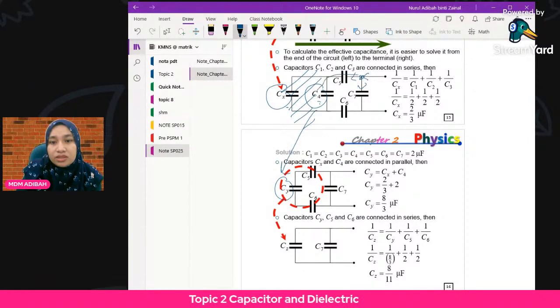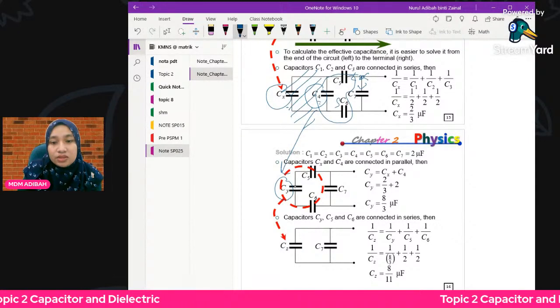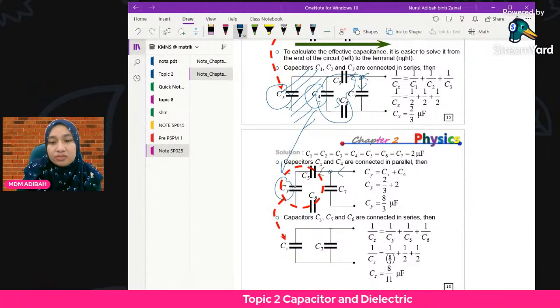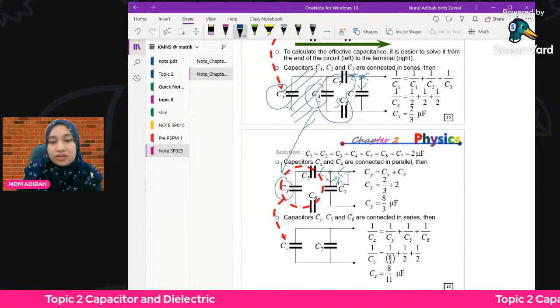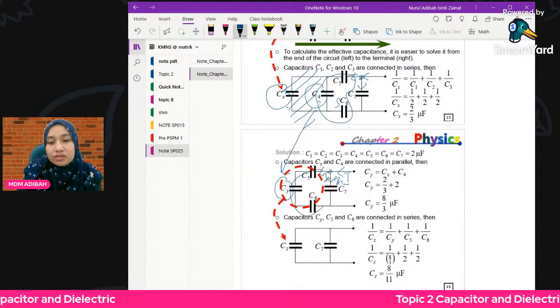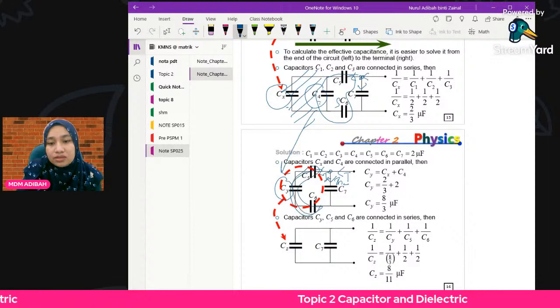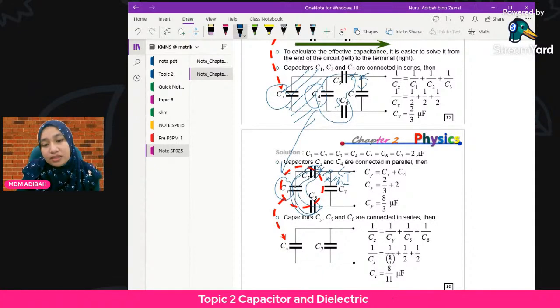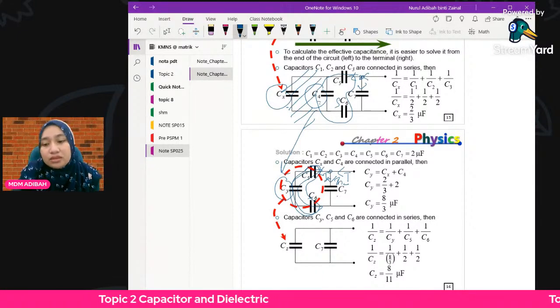Now daripada laluan di sini tadi, dia jumpa junction, dia pecah. So laluan ini dengan CY ini akan jadi series balik. Current dah pecah, I sini jadi I1, sini jadi I2. So laluan ini akan jadi series dan dengan 7 akan jadi parallel semula.